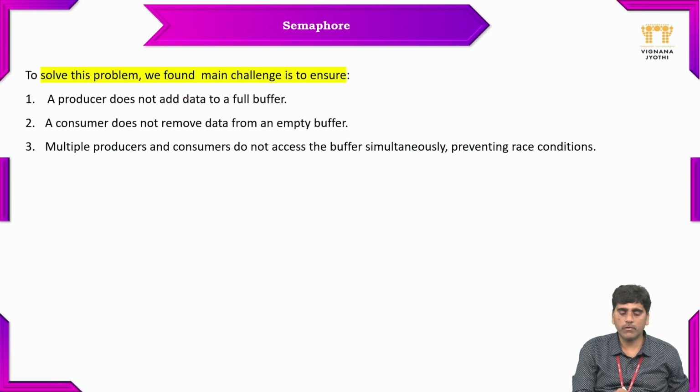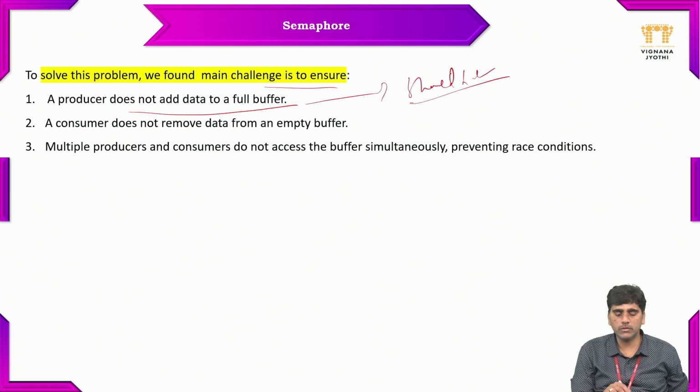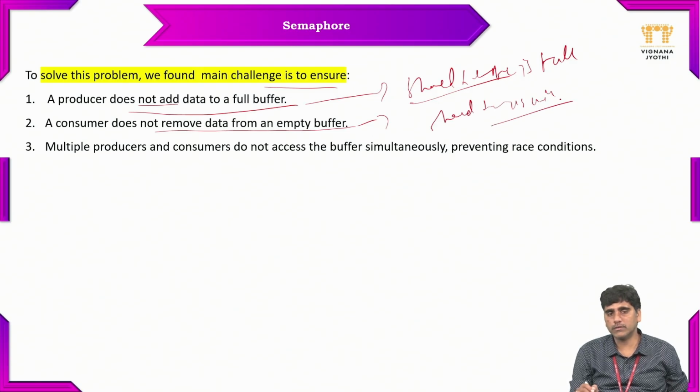To solve this problem, the main challenge is to ensure what? That the producer does not add data to a full buffer. So if the shared buffer is full, the producer does not add any data. The consumer does not remove data from an empty buffer, so if the shared buffer is empty, with no data available, then the consumer does not remove data.